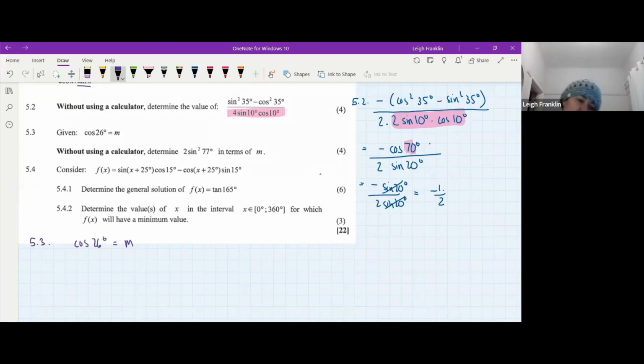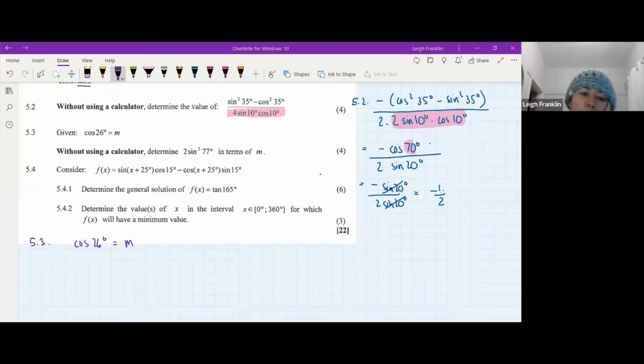So this is a ratio in terms of a letter. But what they want us to define is 2 sine squared 77 in terms of m.